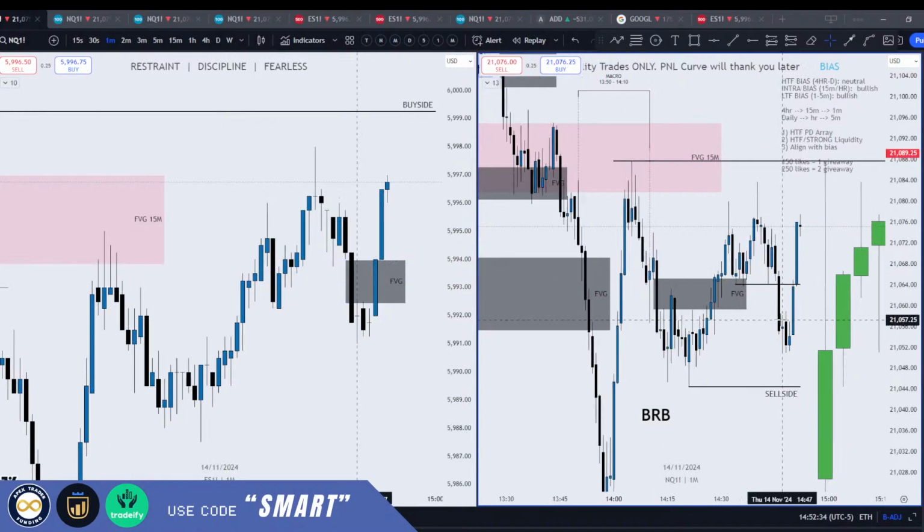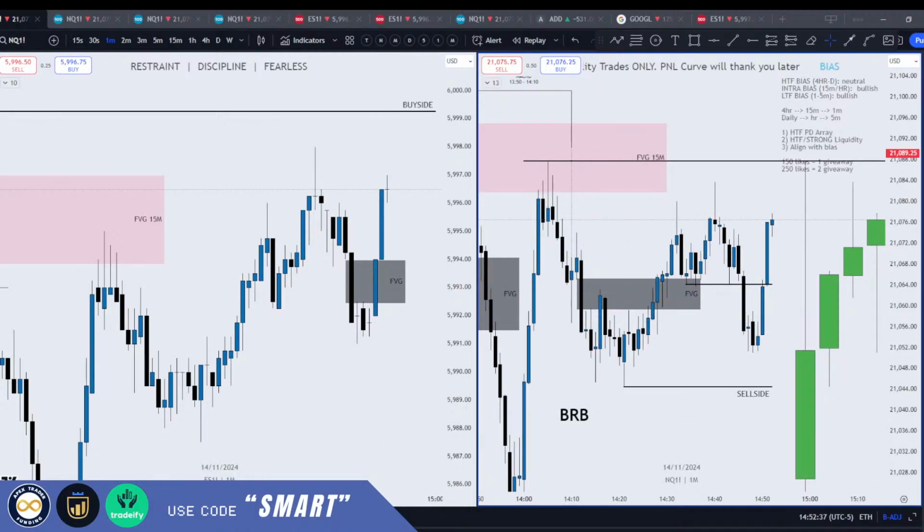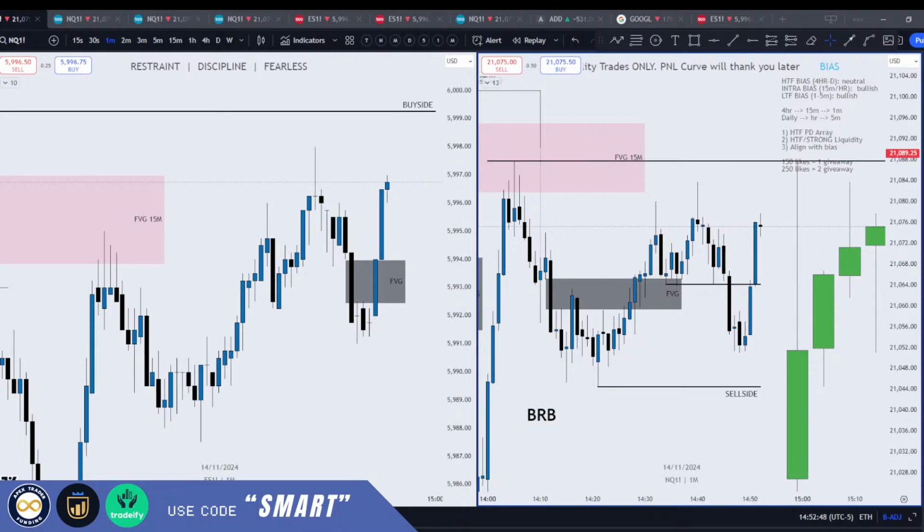This is a strong inverse too. $250 macro.